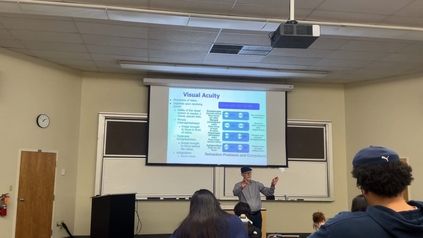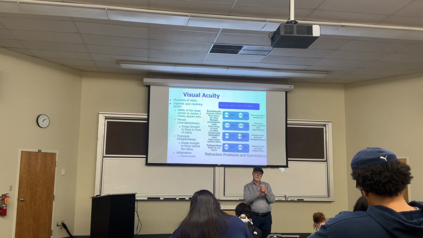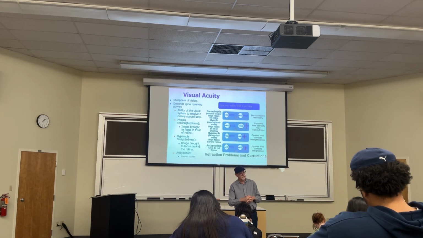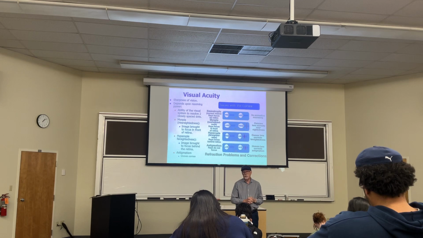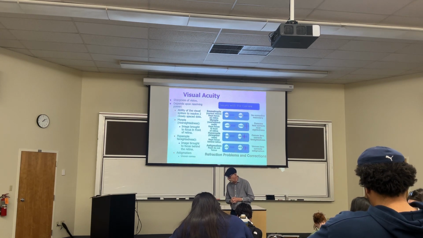Then there's a little bit of refraction with the fluid, the aqueous humor, and then the lens has a modifiable refraction. You can change it with the changing of the shape of the lens. And then the vitreous humor, a little bit of refraction, and so those are the 4.